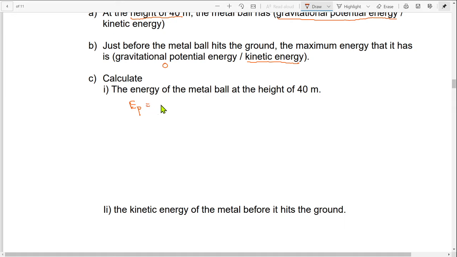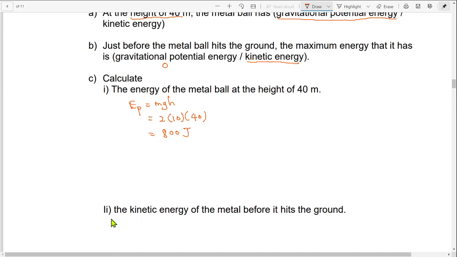That will be the gravitational potential energy, mgh. Given in the question, the ball is 2 kilogram, g is 10, and the height is 40 meters. So just do your calculation. You should be able to get 800 joule.